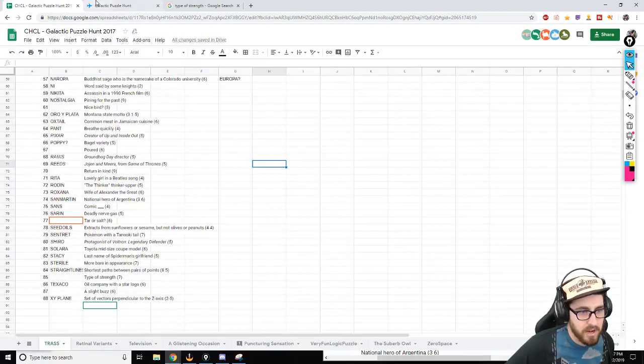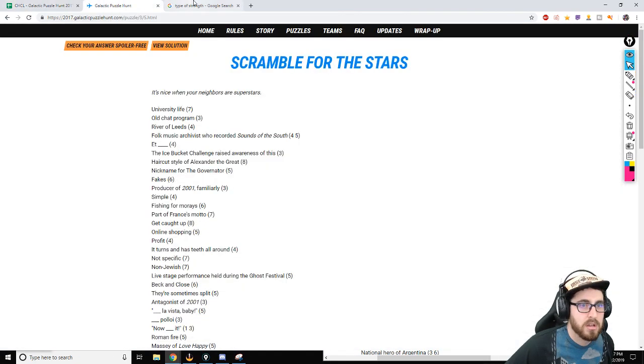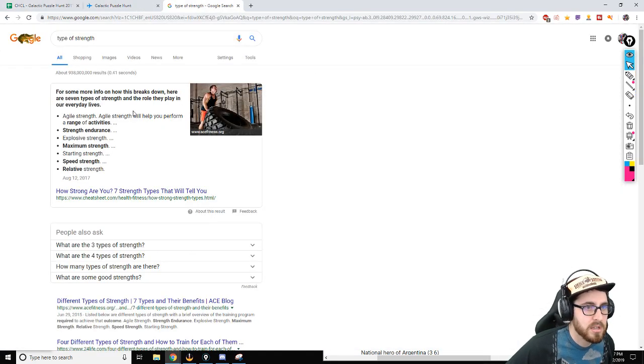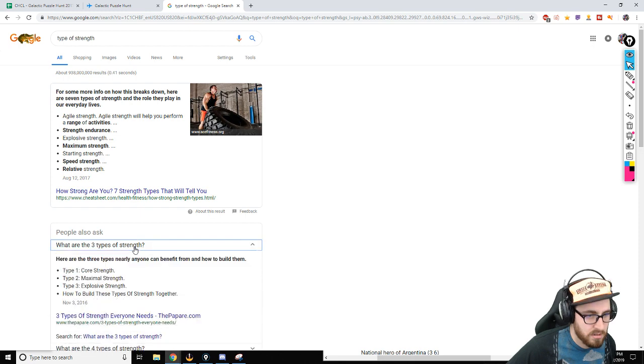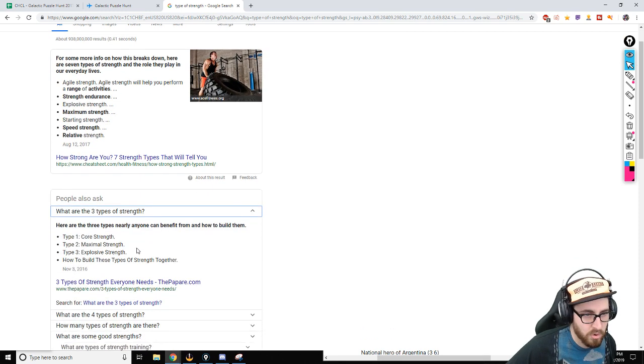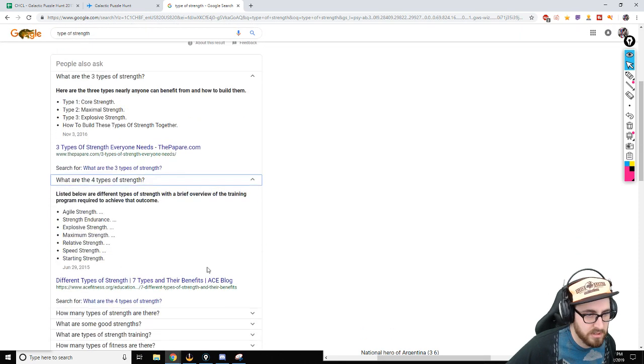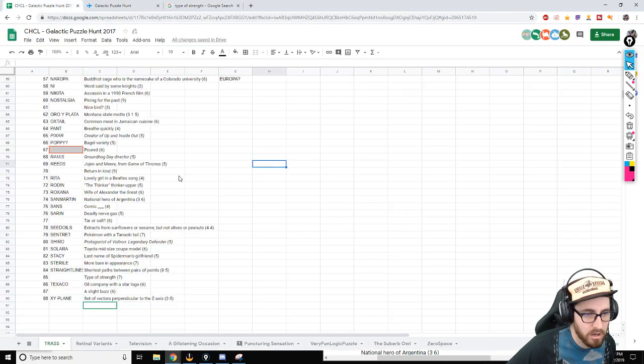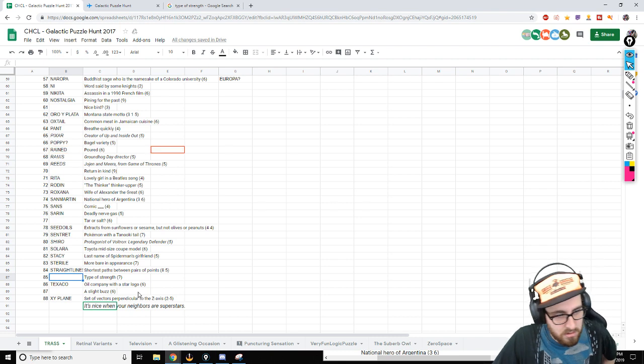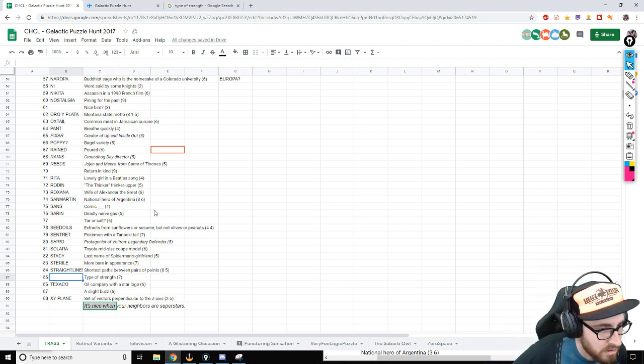Type of strength, that's going to be, let's see. Core, maximal, explosive, agile strength, relative, speed starting. Not starting, not speed.